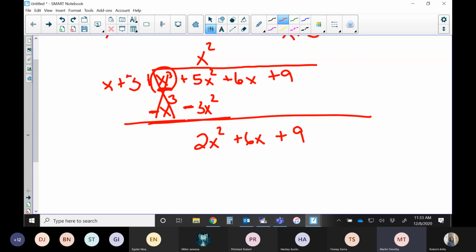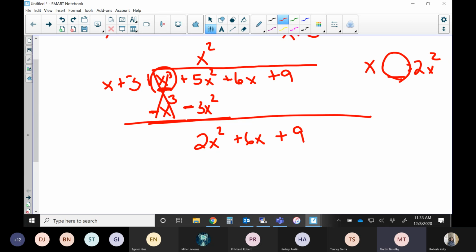I am now going to try to make, this is my new thing I'm dealing with, I'm going to try to make the x become a 2x squared. So in my head, I'm thinking, how do I make x times what becomes a 2x squared? So what is missing here?